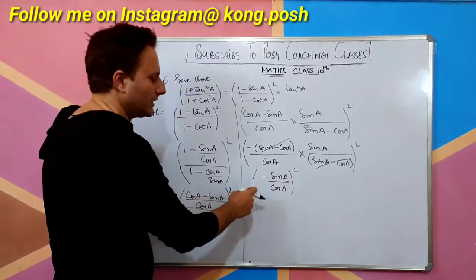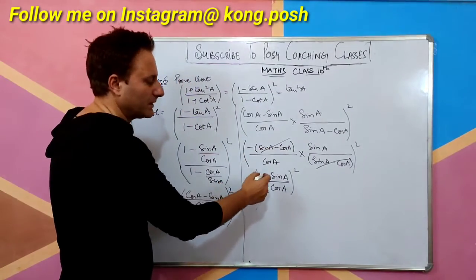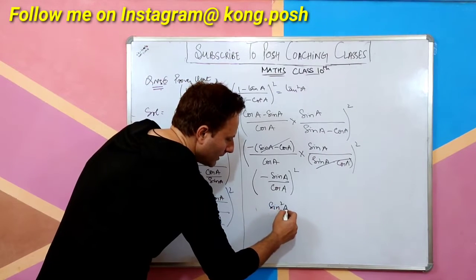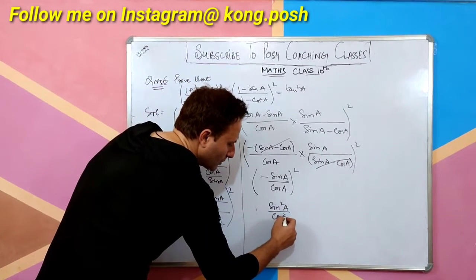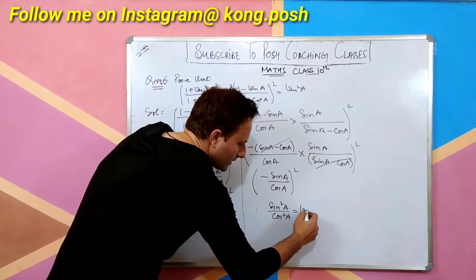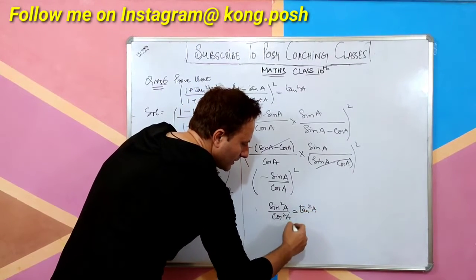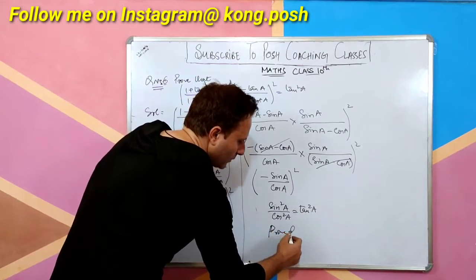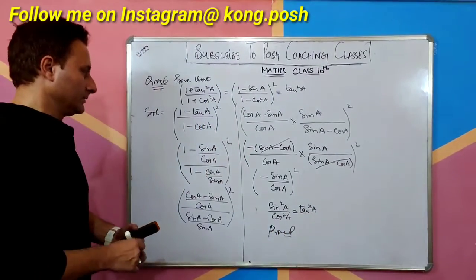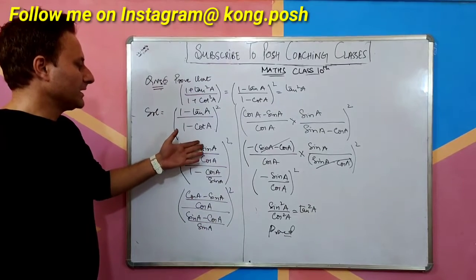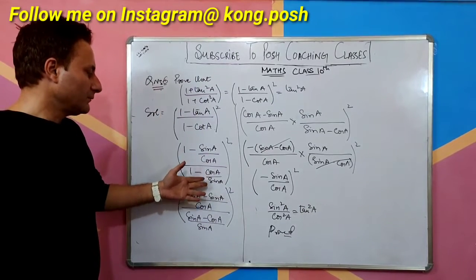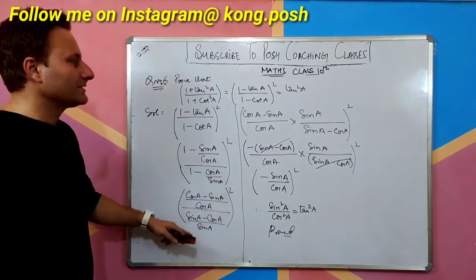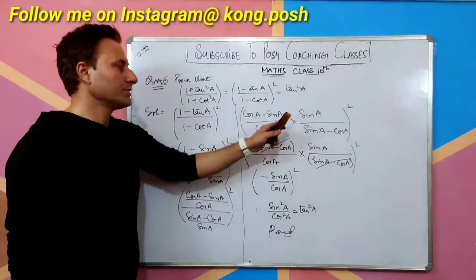If I do the squaring, minus into minus is plus, sin A into sin A is sin square A upon cos square A, which is again equal to tan square A. So proved. I hope you got this. This part was the simple one, sin A upon cos A, tan A, then we have cos A upon sin A, which is cot A whole square, taking the LCM and here reciprocating.